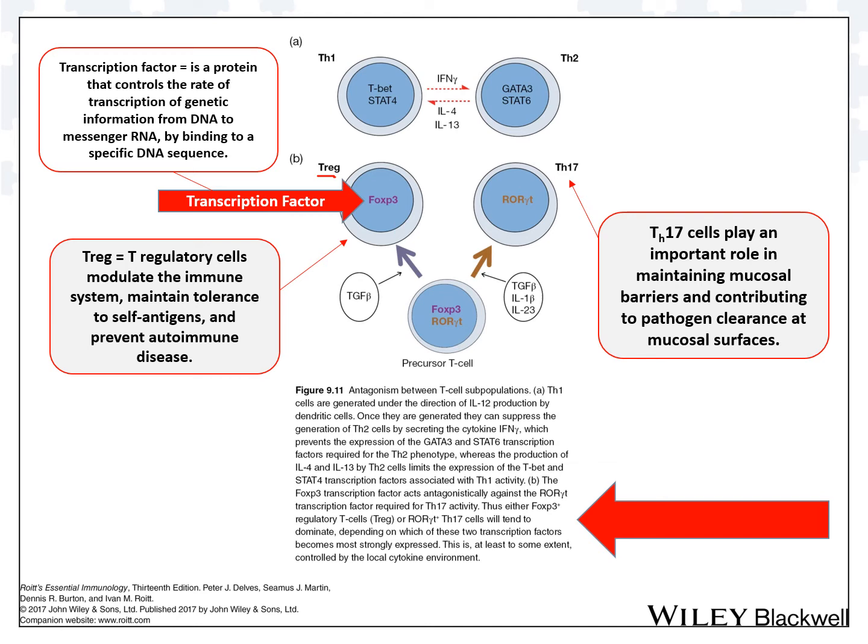Now, as I mentioned, Th17 cells play an important role in maintaining the mucosal barrier and contributing to pathogen clearance along the mucosal surfaces. T regulatory cells modulate the immune system, so they help to maintain tolerance to what are called self-antigens, or potential antigens linked to our body, and they prevent autoimmune disease.